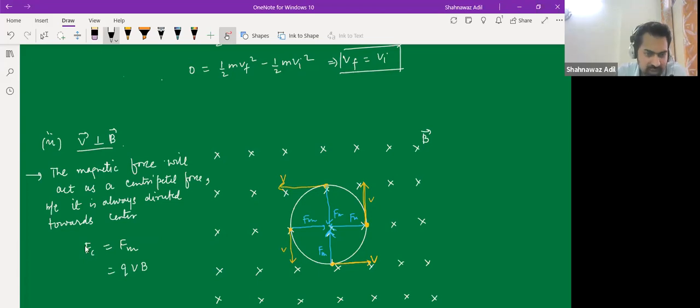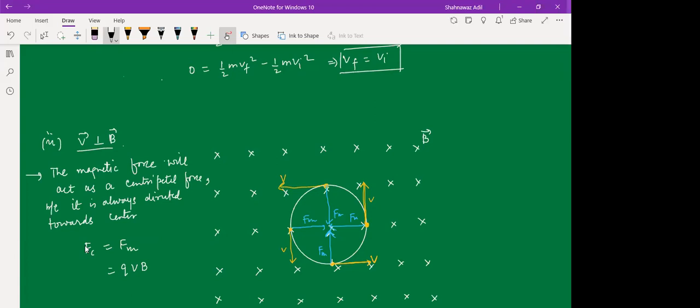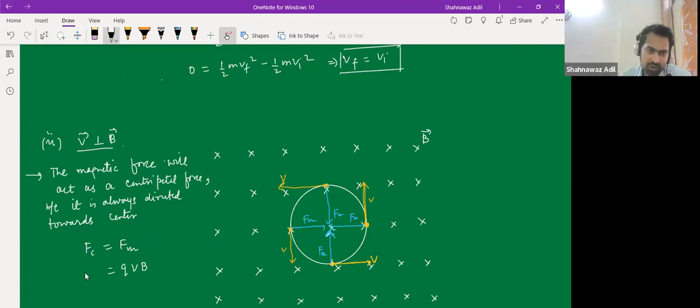And what is the value of centripetal force? Yes, mv square by r. You joined 15 or 18 minutes late, so we will extend this class. Yes, Mariam, you are correct.